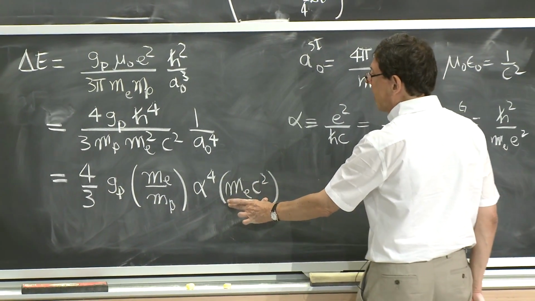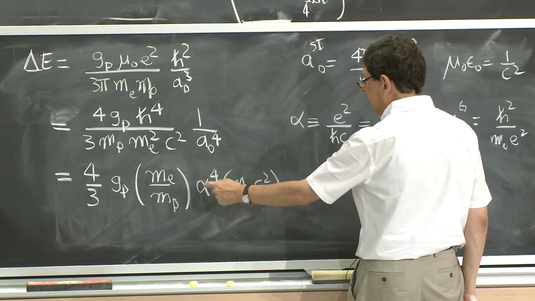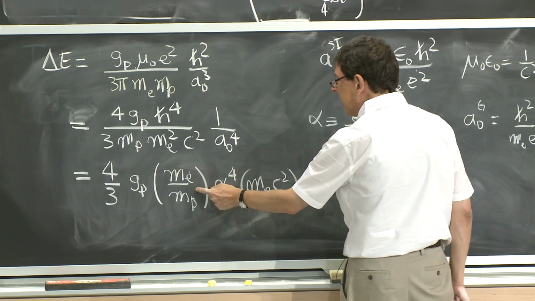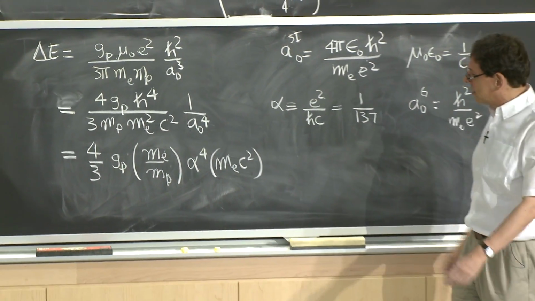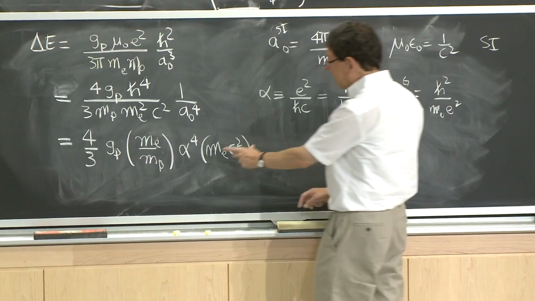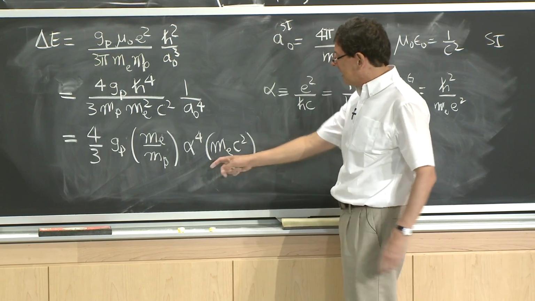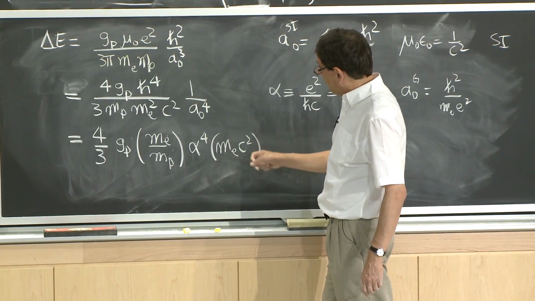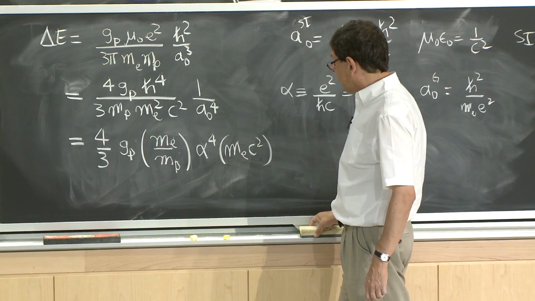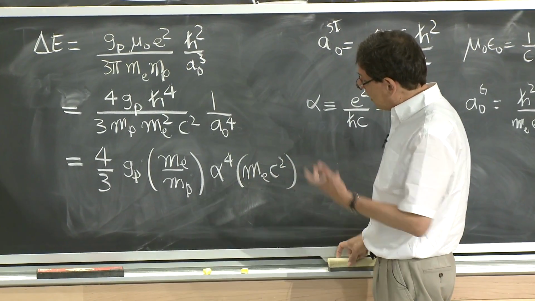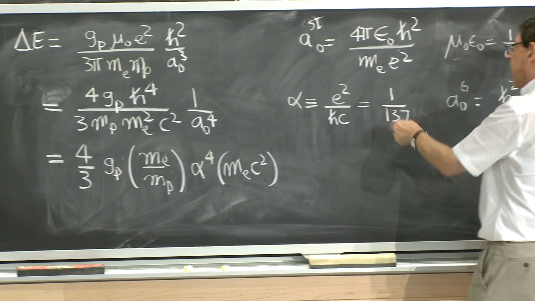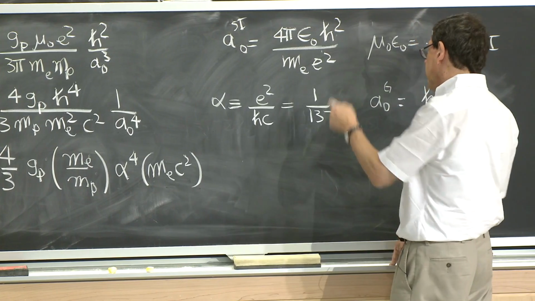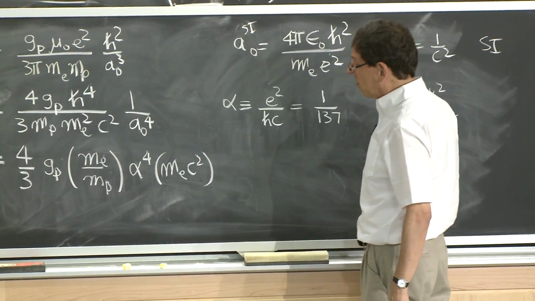This has units of energy, and we're looking for energy. This ratio of masses has no units, and this constant has no units. So units are manifest. And this is a nice unit of energy. This is the rest mass of the electron times c squared, the rest energy of the electron. And alpha is a conceptual thing, the fine structure constant. It's 1 over 137, it's small.